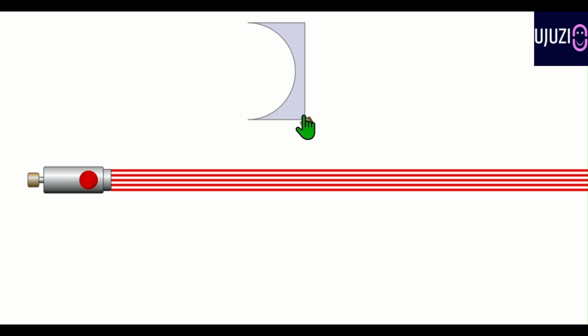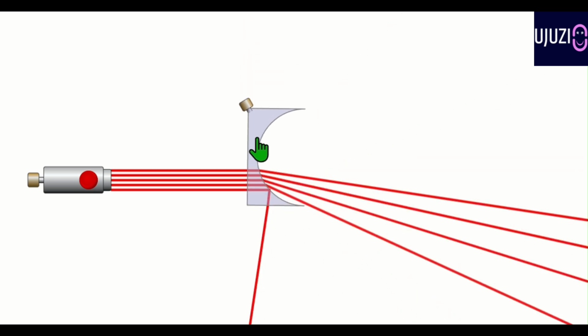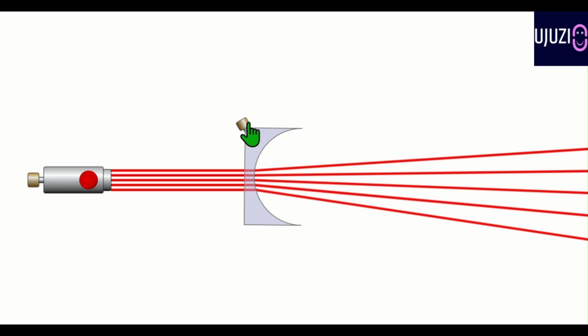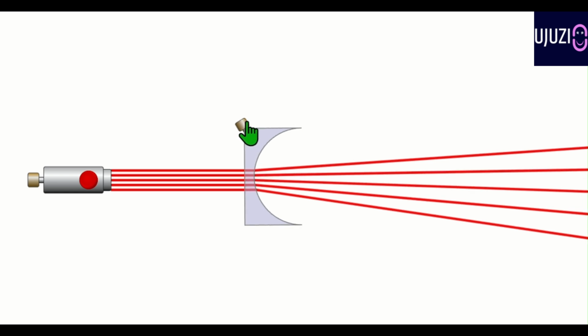What happens when we have a diverging lens? I will turn this diverging lens around and put it in the path that light goes through. See what happens. If we have a diverging lens, this is what happens. The rays of light are now diverged.